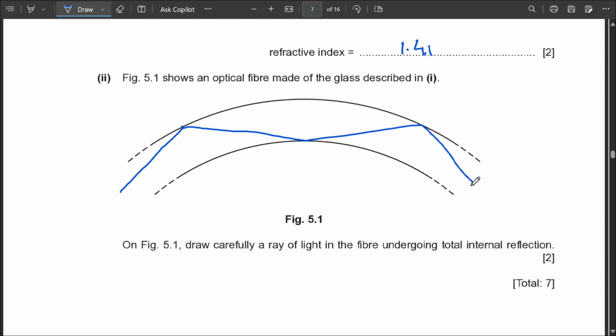If you consider these as the normals, this angle is the angle of incidence, and you should write that the angle of incidence I should be greater than the critical angle, greater than 45 degree. Then only the total internal reflection will take place, and then only the optical fiber is going to work.